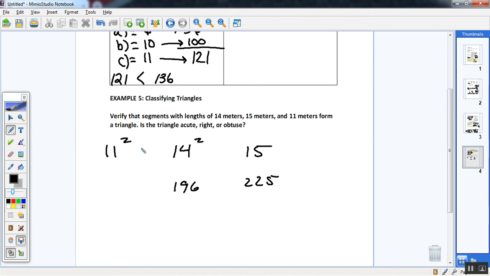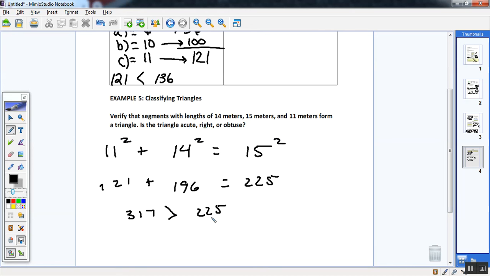Okay. So when I square all these, we end up with 121. Well, first of all, are they even equal? Okay, what do you get when you take 121 and 196 together? 317. 317 to 225, how does that compare?